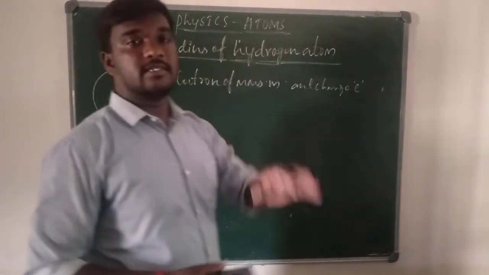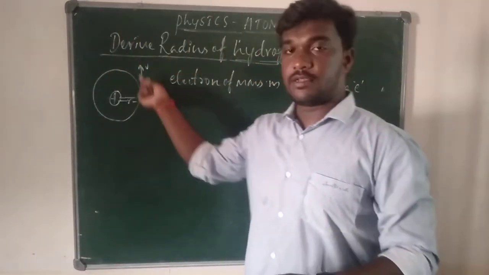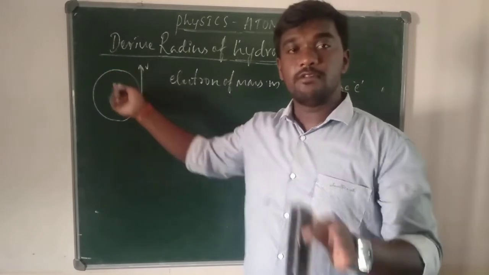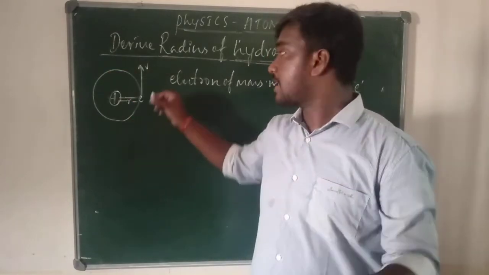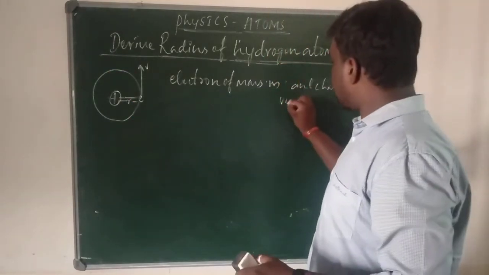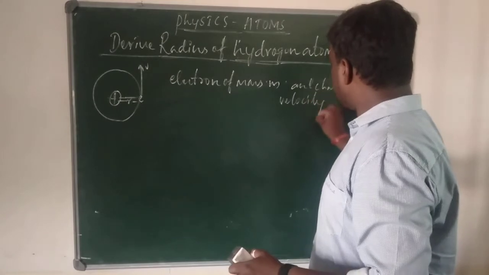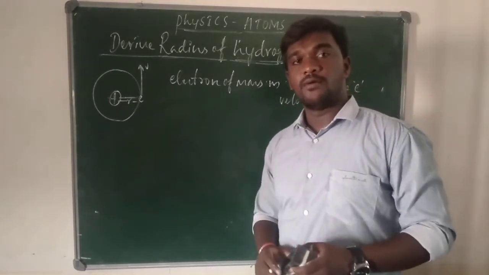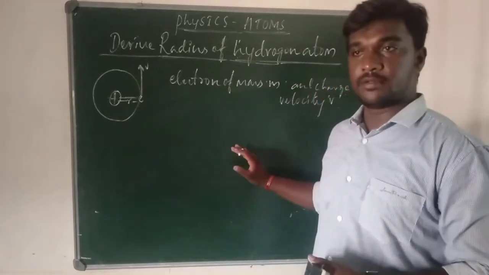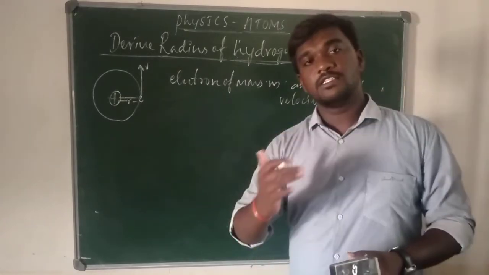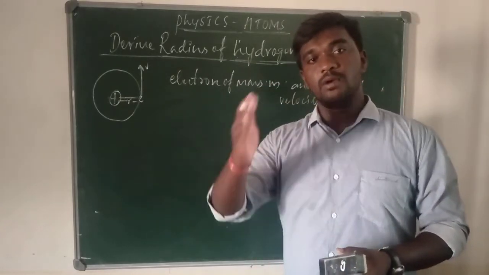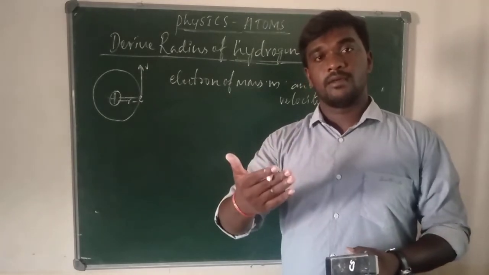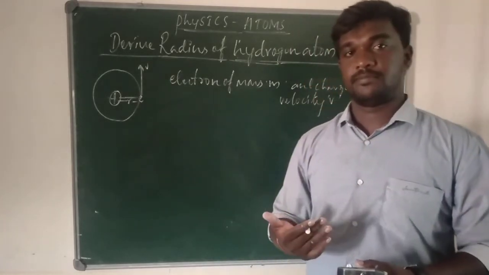The electron is revolving around the nucleus with velocity v. When the electron is revolving around the nucleus, it creates a centripetal force.